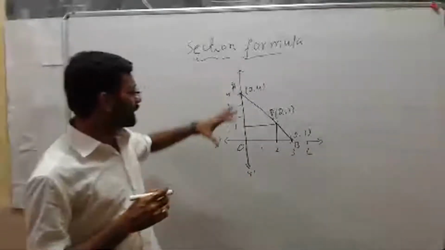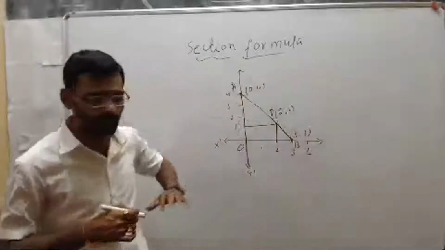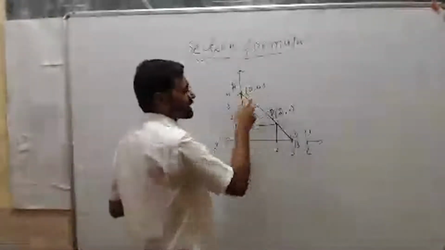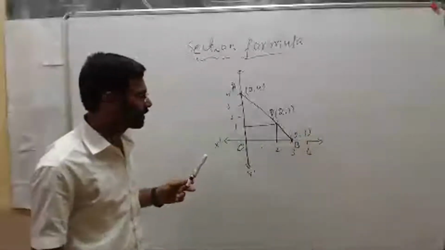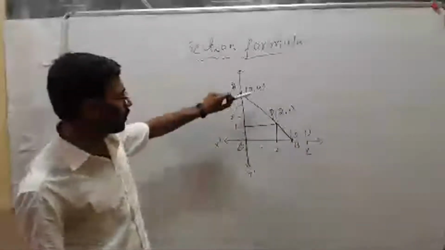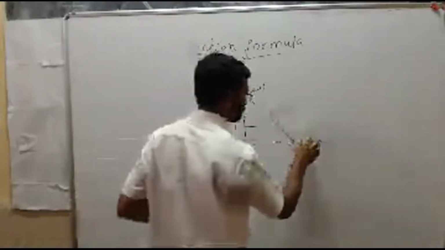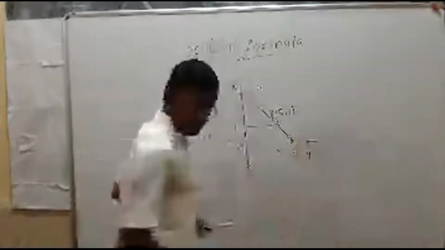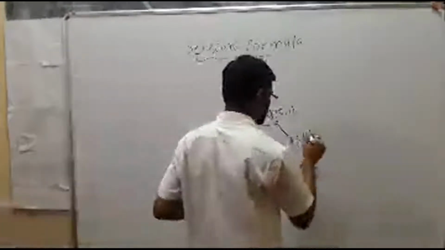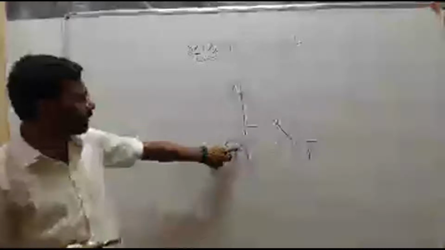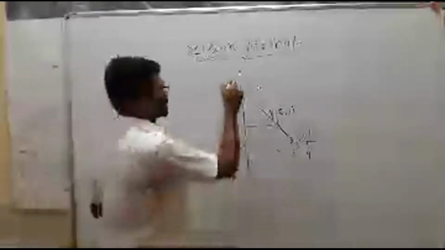Here it is a Cartesian grid. This Cartesian grid is the first quadrant because all values are positive. The A coordinates are 0, 4: the x value is 0 and the y value is 4, because it is the y axis.